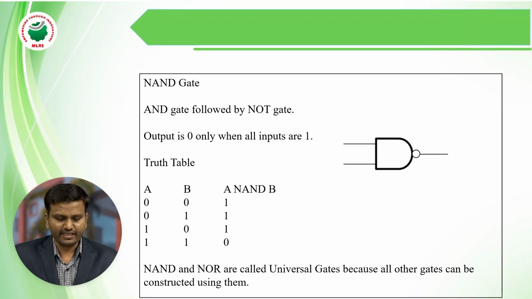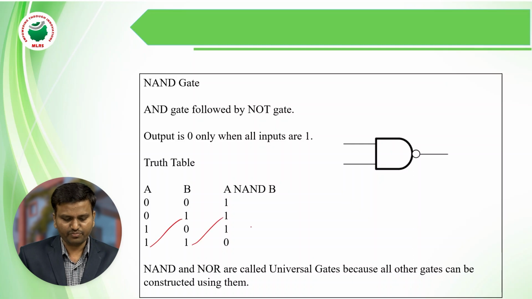And the NAND gate is an AND gate followed by a NOT gate. Output is 0 only when all inputs are 1. When all inputs are 1, the output will become 0. Here we have to observe that when A is 1 and B is 1, the output is 0.